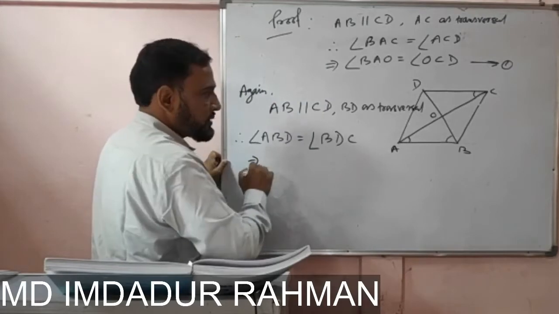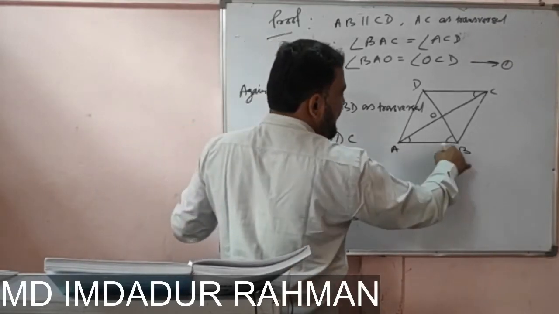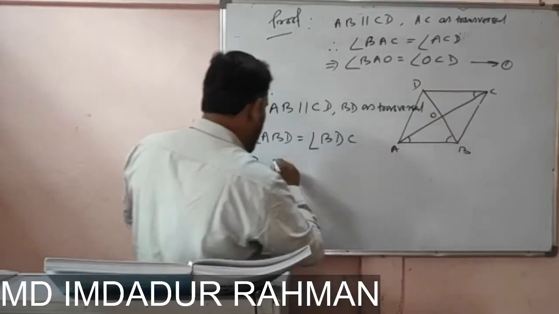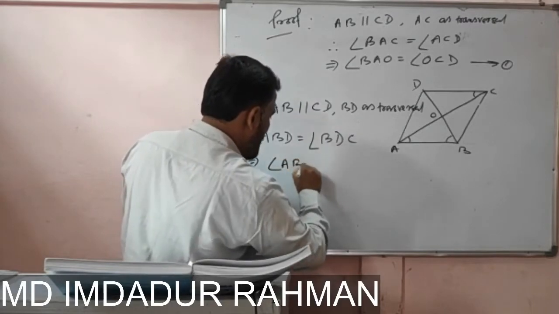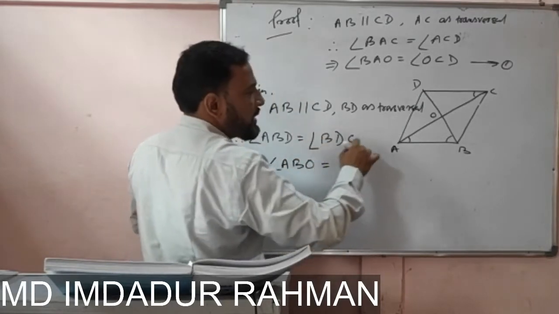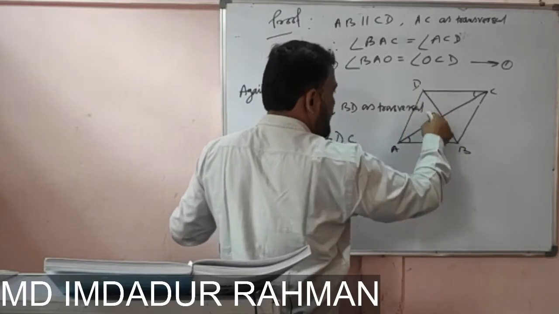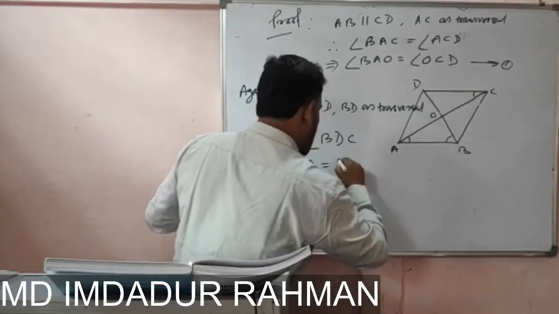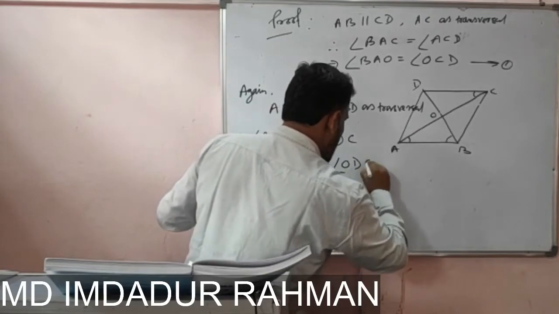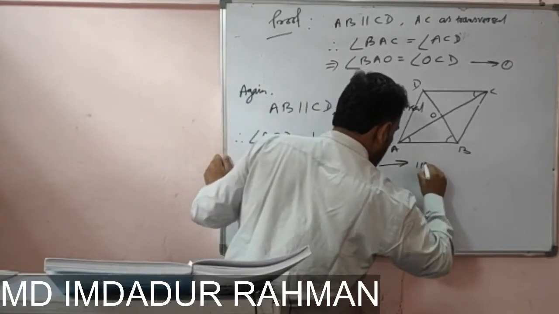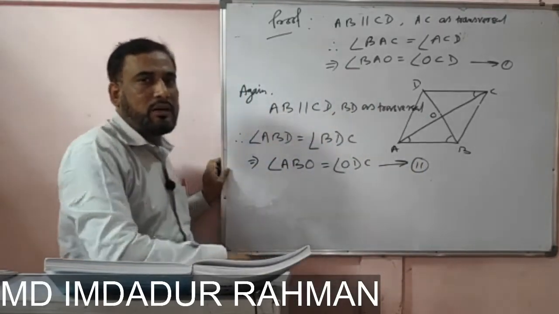If we make it short, angle ABD becomes angle ABO, which is equal to angle BDC, which becomes ODC. Mark it as equation number 2.